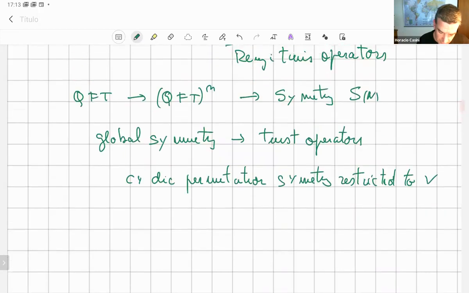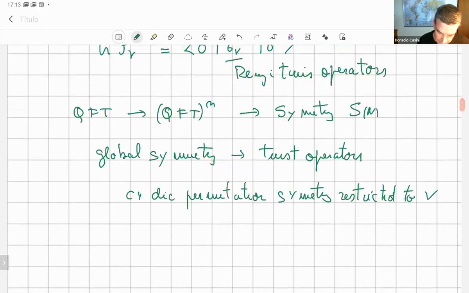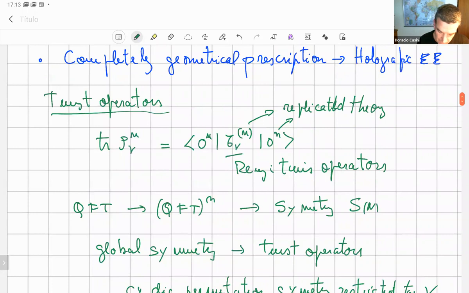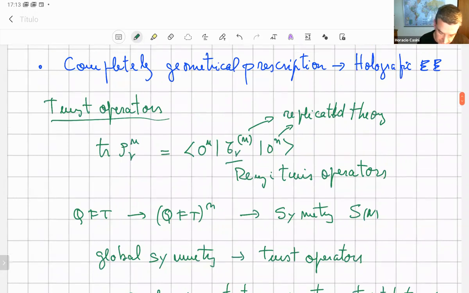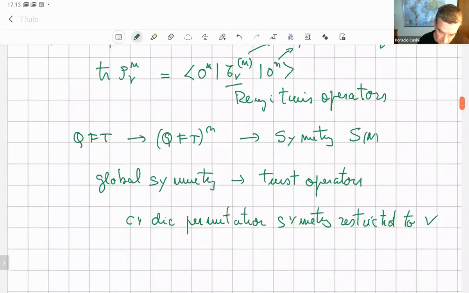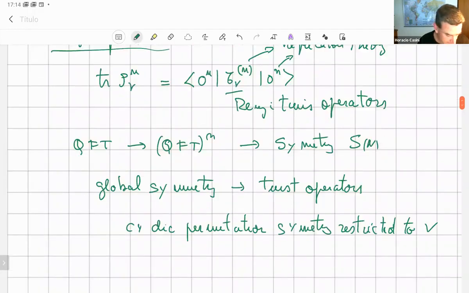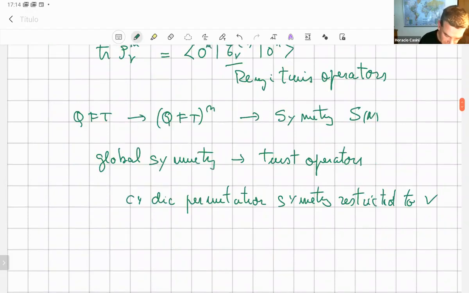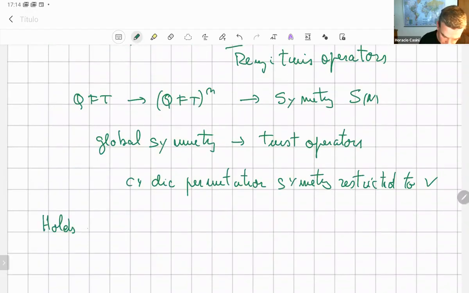And one could think, well, this stuff of the Renyi twist operators only happens for quantum field theories, but it's not true. It also holds for finite systems. Suppose you have some system with a partition, a Hilbert space V times V prime.